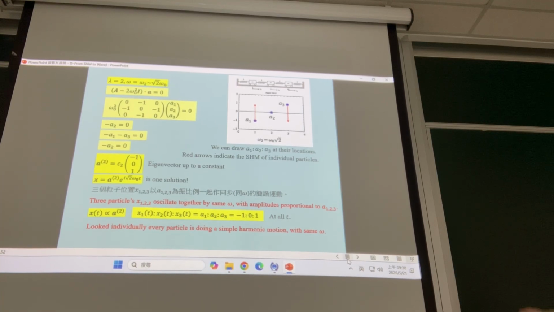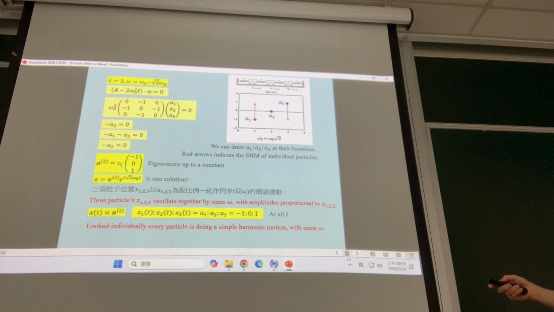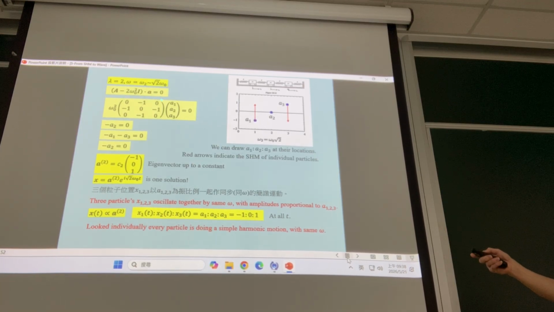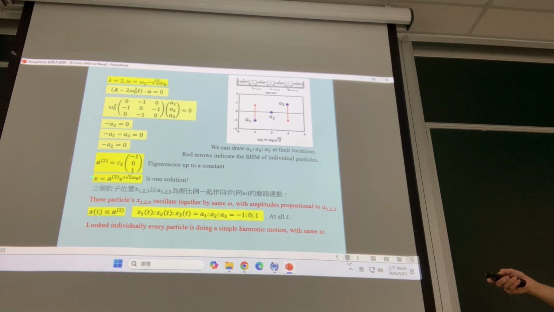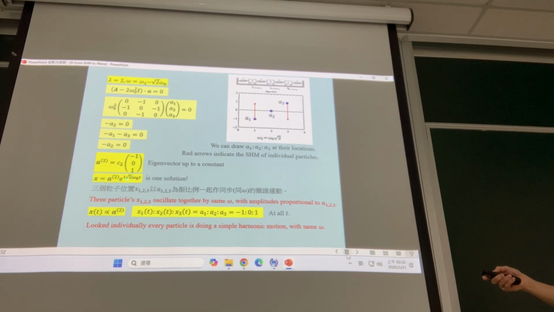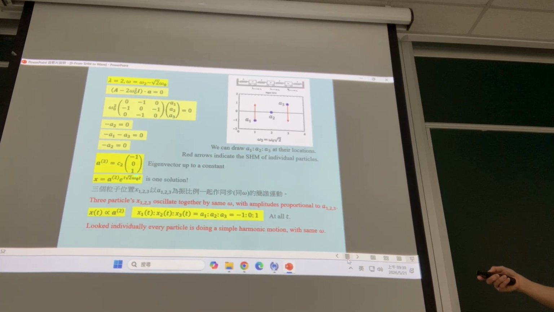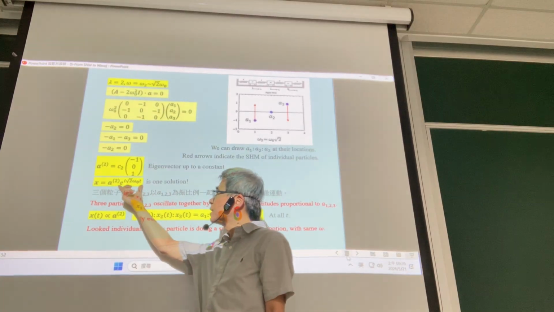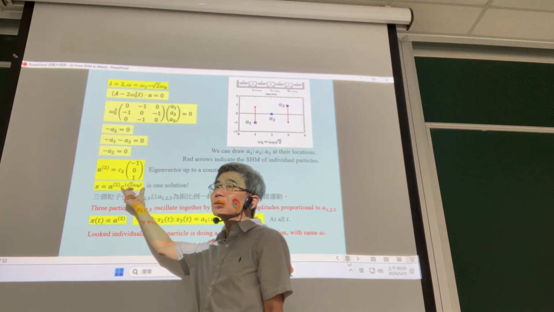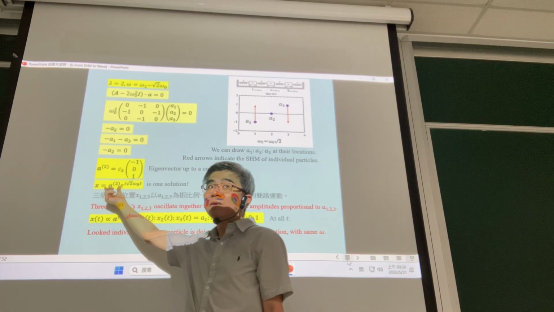The point is, after solving the eigenvalue problem and putting it back into the equation of motion, the solution is equal to A2 times exponential of i square root 2 omega 0 t. Please observe that this exponential function is a number, and A is a column vector.